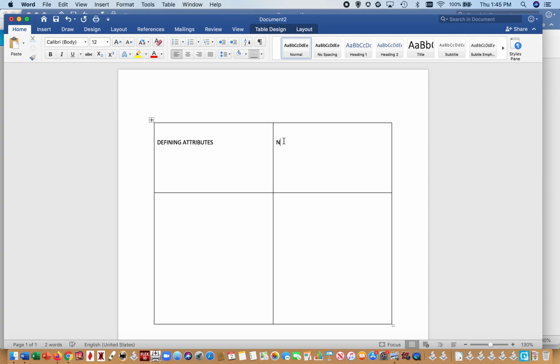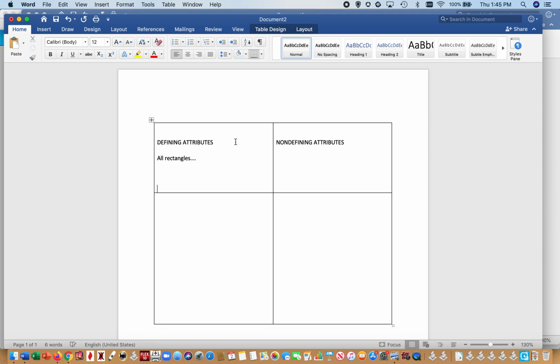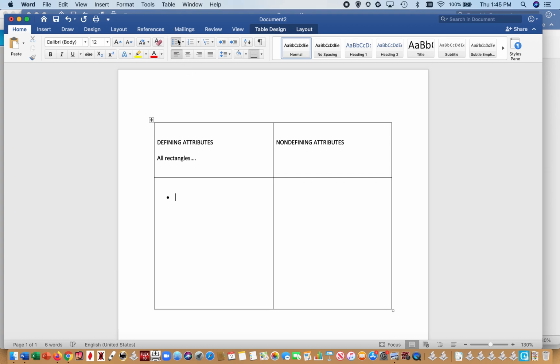And on this side, I'm going to do non-defining attributes. So over here, I'm thinking about all rectangles. And what do they have? Well, they all have 4, let's do the number, vertices.